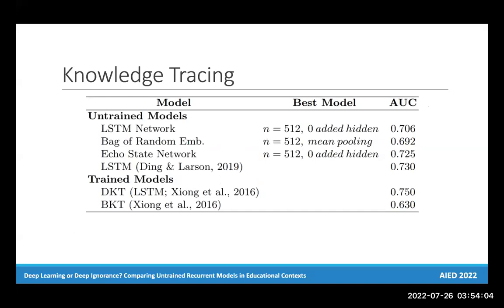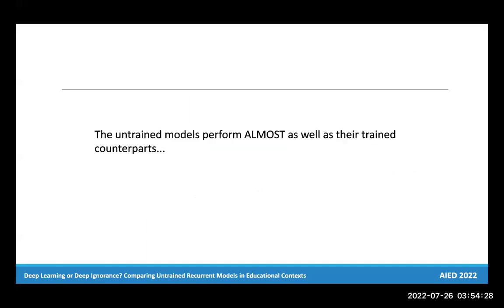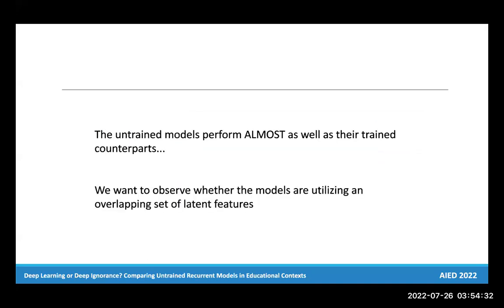Close enough that if you were to deploy this model, it might actually be very difficult to tell the difference between the trained and untrained version, which again, maybe there's some utility there given how fast it is to train, or I guess, train the regression on top of these untrained feature generation components of the model. So again, the untrained models are almost as good as the trained counterparts.